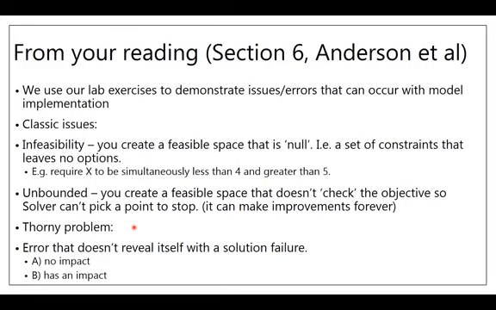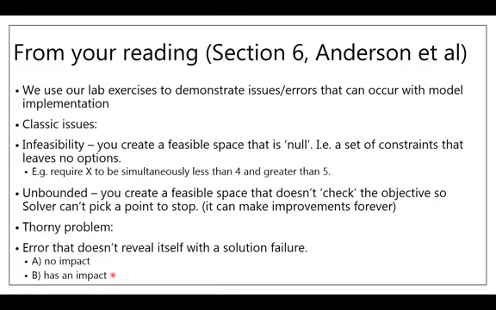Something happened. Either you put a sign in wrong or the direction on a constraint wrong, and so something is wrong, and the computer is not going to be able to detect it. Now there are two possibilities here. One, it has no impact, right? So you get this solution. It turns out the error wasn't in a location that mattered given the initial conditions of the problem, and you get the true solution.